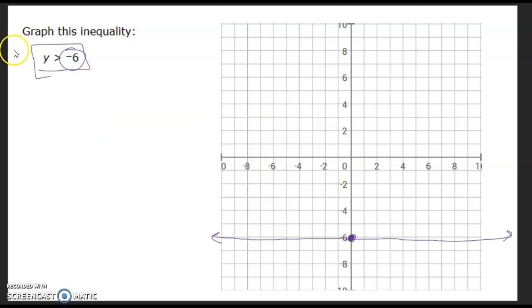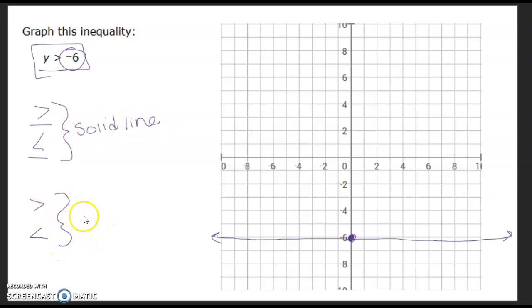A couple things with an inequality that you need to know. If there's a line underneath the inequality, that's a solid line on the graph. If there is not a line under the inequality, that is a dotted line.